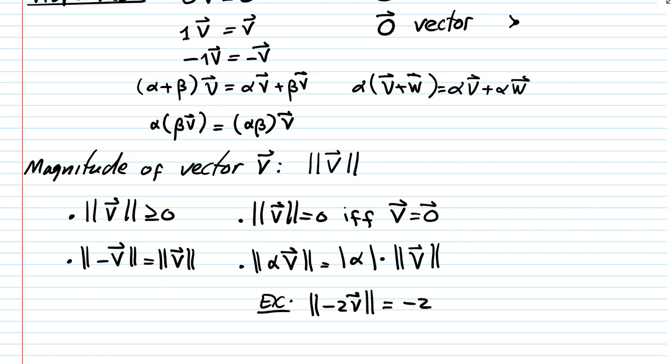If I just say that's negative 2 times the magnitude of v, that implies the magnitude of that vector is negative, which defies what we said earlier. We said magnitude has to be positive. So it's for that reason we take the absolute value of negative 2. So the magnitude of this vector is going to be twice the magnitude of the original vector v. Okay.